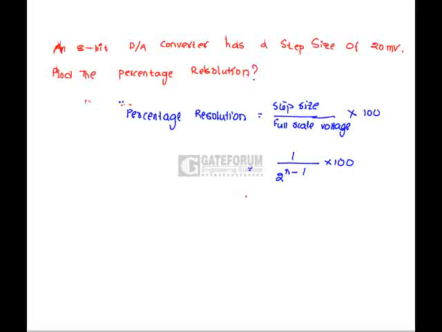Here n is the 8-bit converter, so n is 8. So this is 2 power n minus 1.